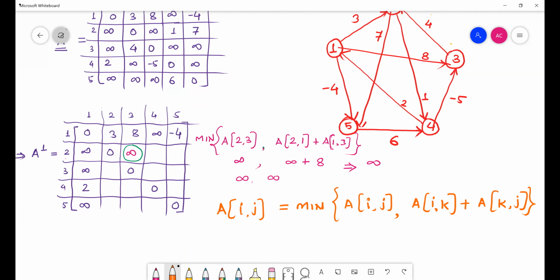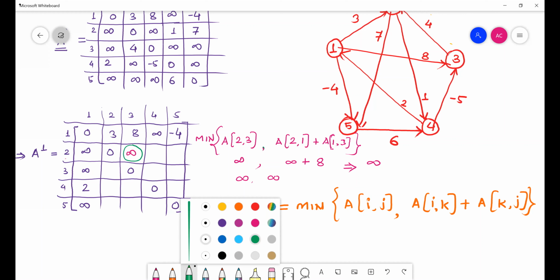Yes, sir. I is 2 here, J is 3, and K is 1. So in this example, I is 2, j is 3, and k is 1. Let's try to find out the other value. Maybe A is raised to a power?